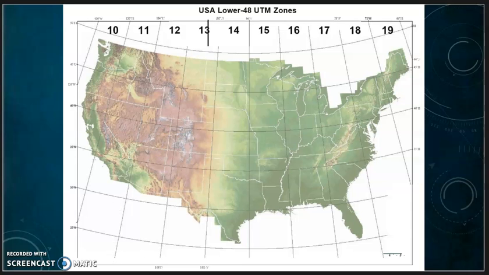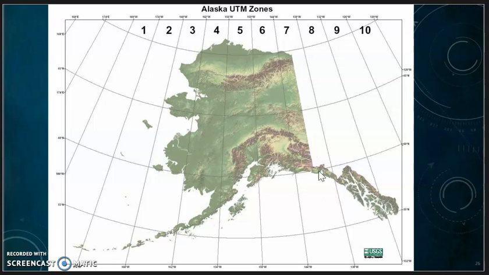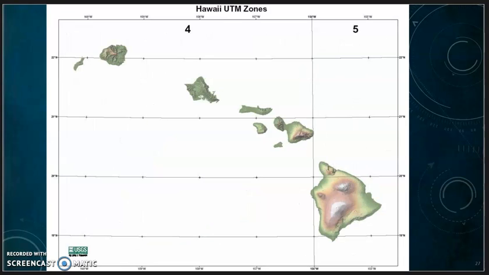If we were to look at the state of Alaska, which is a lot closer to the poles, we can see that they're just within zones 3 and 7 of the UTM system. And then if we go further down south towards the equator, looking at the state of Hawaii, we can see that they're spread out a lot more, and Hawaii is split up between zones 4 and 5.